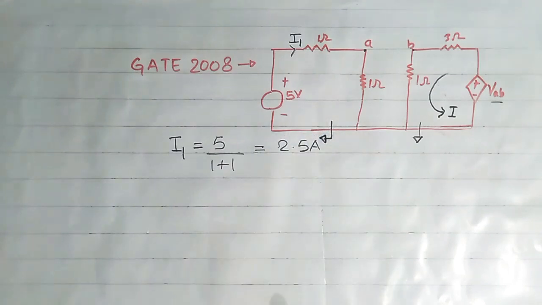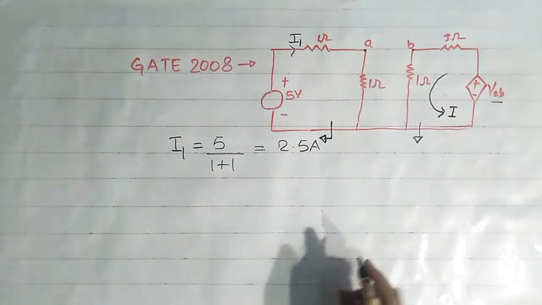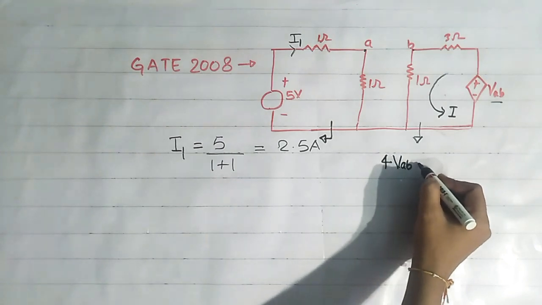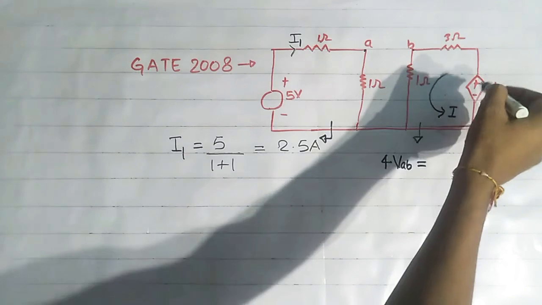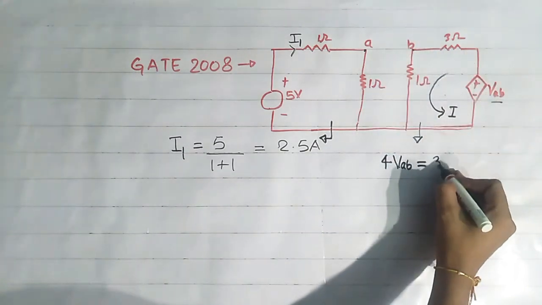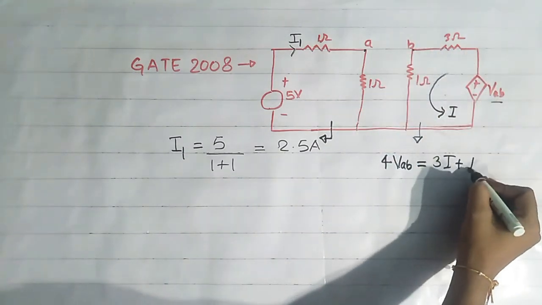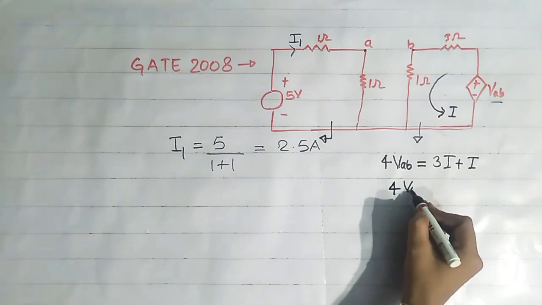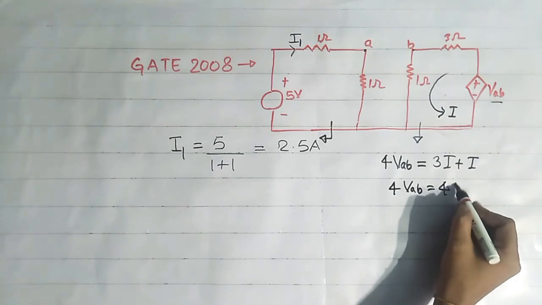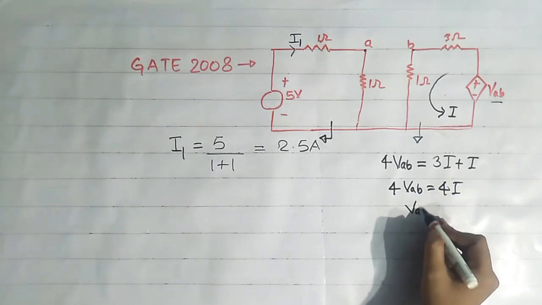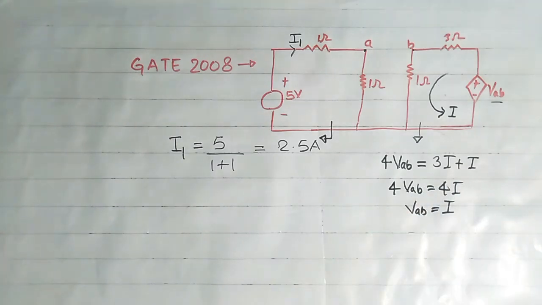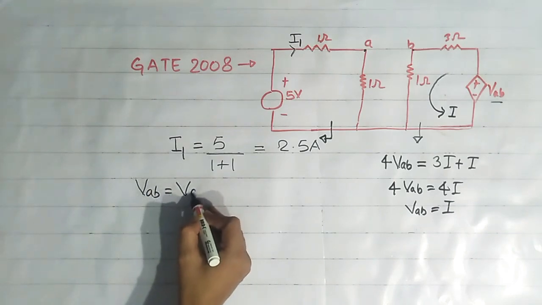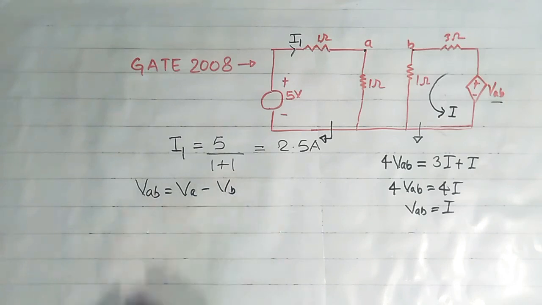On applying KVL in this loop we get 4 VAB is equal to 3I plus I. So we can write 4 VAB is equal to 4I. It means VAB is equal to I. VAB means VA minus VB.